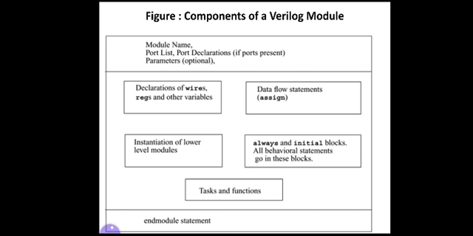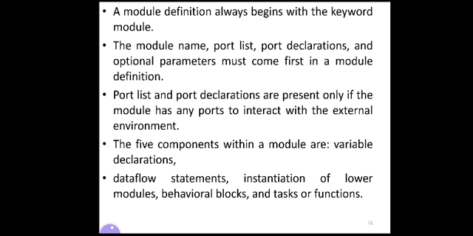A module definition always begins with the keyword module. Remember here, module, M-O-D-U-L-E, module is a keyword, all in small case letters. This is your keyword, followed by the module name. The module name is given by the user.